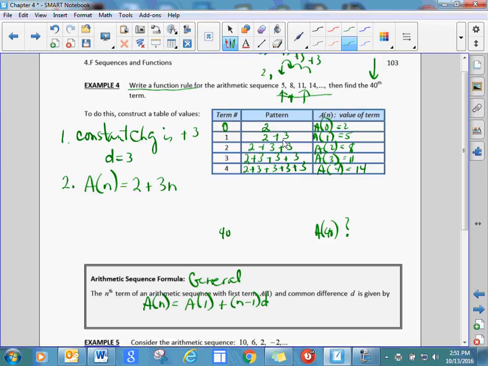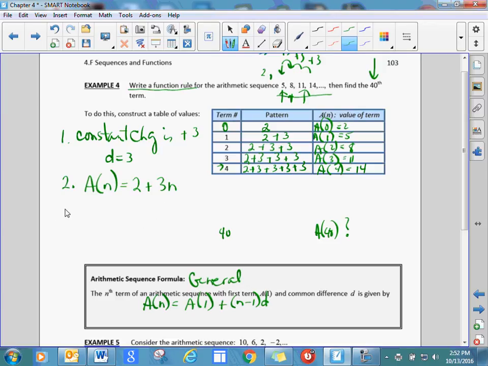So if you look at the pattern here, to get to the value of the third term, we started at 2 and we added three threes. So 3 times 3 plus 2 is 11. Here we had 3 times 4 because we're talking the fourth term. 3 times 4 plus 2 gave us 14. So this is our function rule. 3 is the common difference.